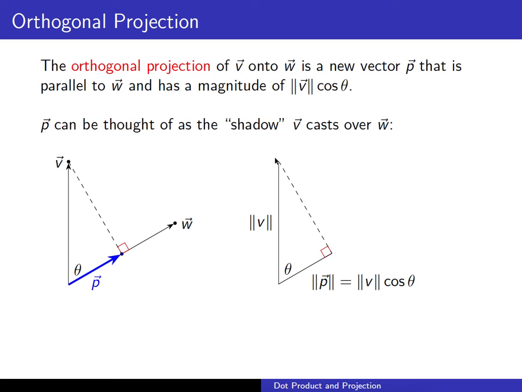If we multiply both sides of that equation by the magnitude of vector v, we get the magnitude of this shadow vector is going to be the magnitude of vector v times the cosine of this angle. So that'll tell us what the length of this shadow vector is.